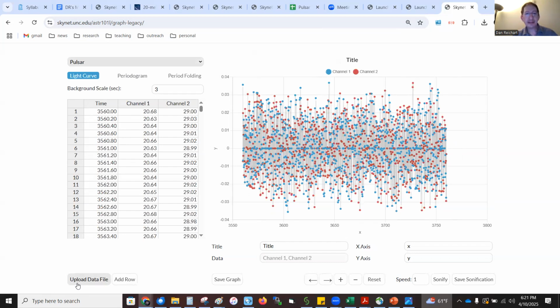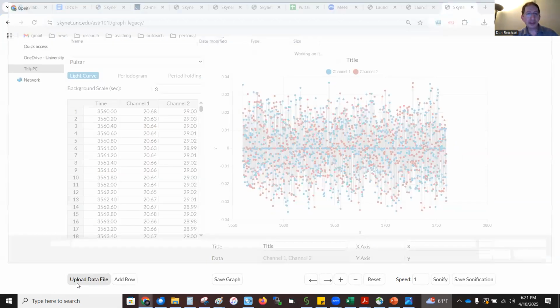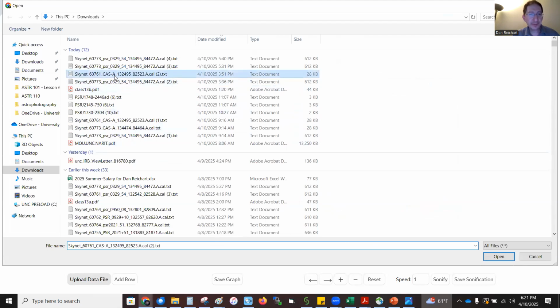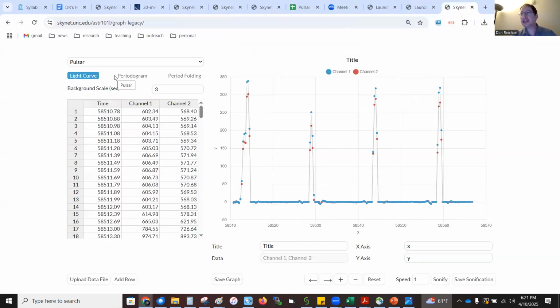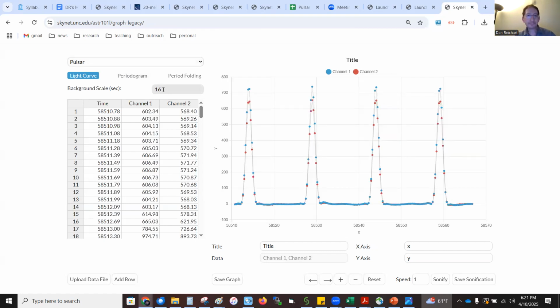And I've already grabbed some of this loop-de-loop data, daisy data. Did a daisy on Cas A. We did 4 petals, 4 passes in 60 seconds. So the period of this pulsar, fake pulsar, should be about 15 seconds. Let's just set our background subtraction to 16, get a little bit above that.